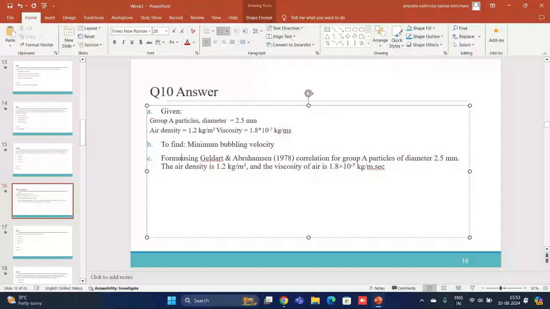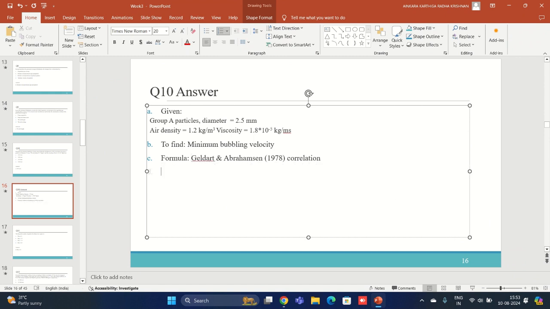And the formula is the Geldart and Abrahamson 1978 correlation. So, solution. First we need to identify the Geldart and Abrahamson correlation.